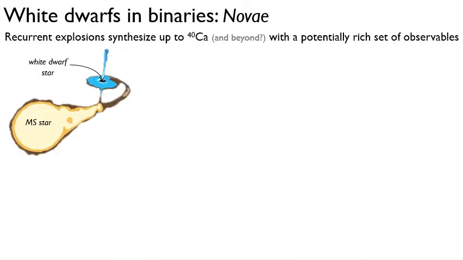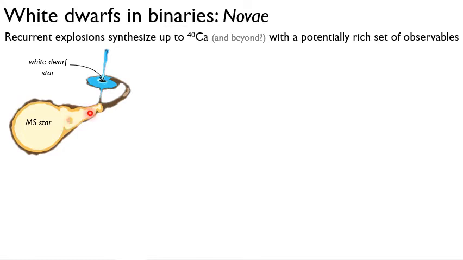Now, white dwarf stars can be in binary systems, and what you can often have is your white dwarf will be in a binary system with a more ordinary star, one that is apparently longer lived because it hasn't yet finished evolving.